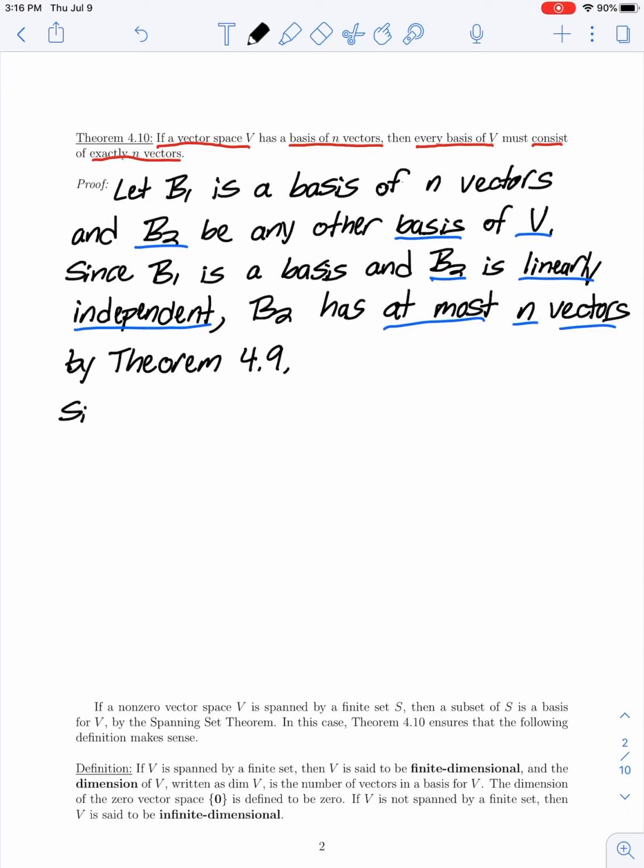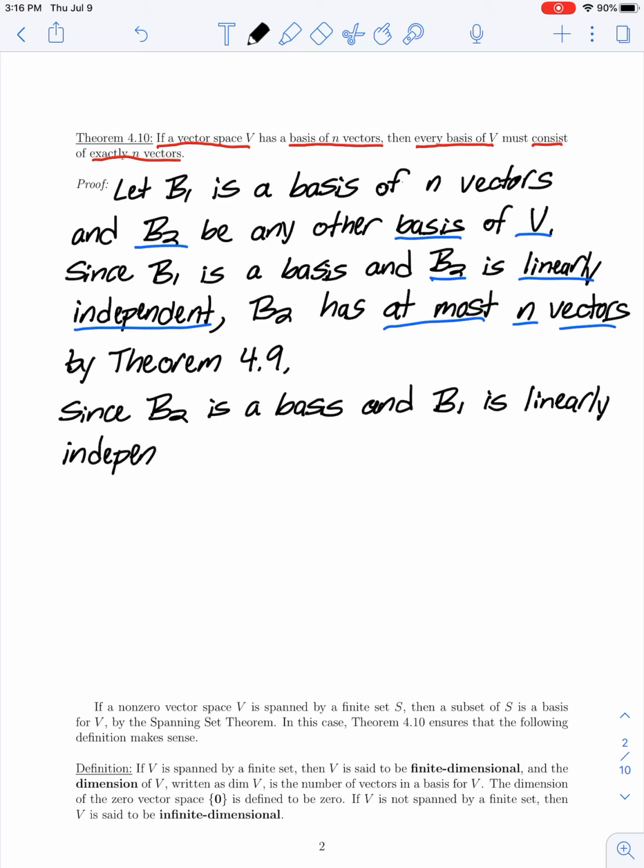So we can say since B2 is a basis and B1 is linearly independent, because B1 is a basis, that by definition it has to be linearly independent.